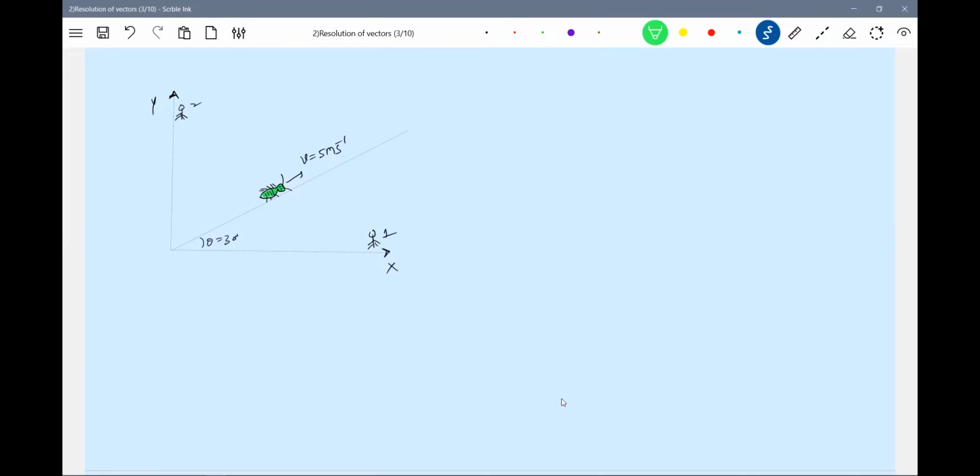We'll ask them in what direction that particular ant is moving. The ant is moving along this specific line. So now this person will ask this person about the crawling ant.